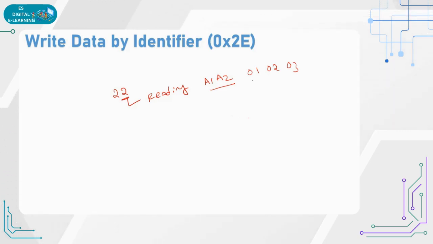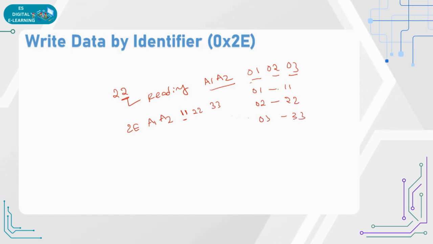Now I don't want this 010203, I need to change the value. So you give 2E, A1, A2, and the new value: 11, 22, 33. I'm changing 01 to 11, 02 to 22, and 03 to 33. If I change this, the changed value will be stored in this DID.